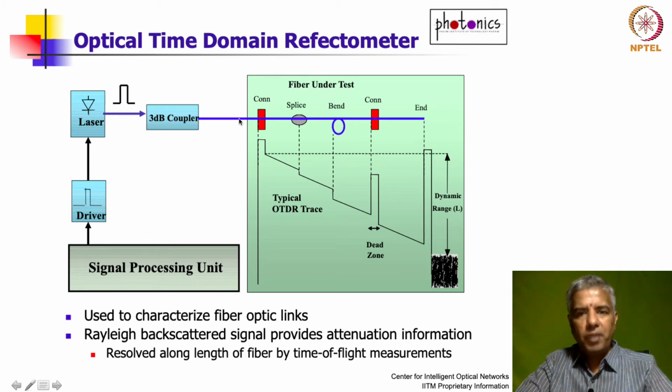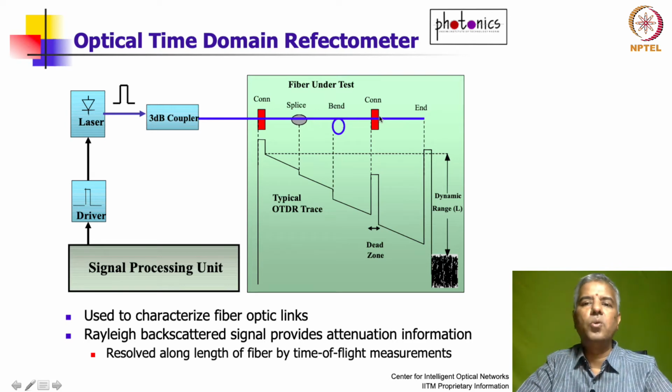But because you are losing light due to this scattering, the light is getting attenuated. The amount of light scattered from this region is going to be lesser compared to the amount scattered from this region, and the amount scattered from this region is going to be still lesser than this one, and so on.